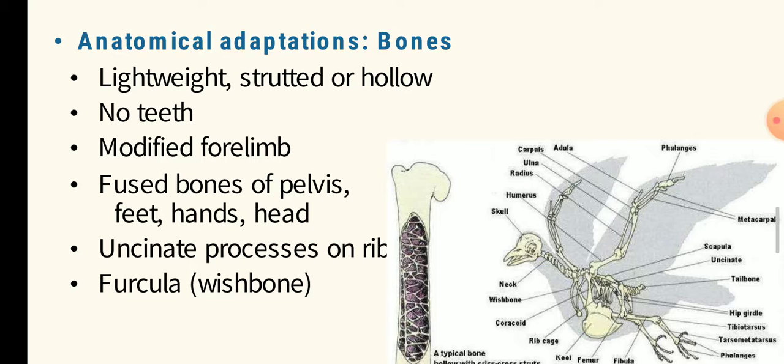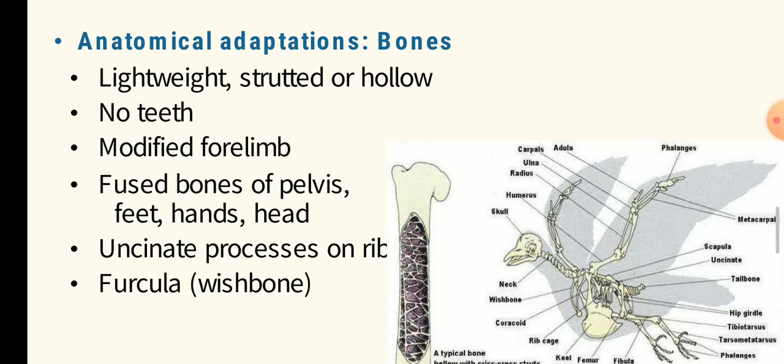Synsacrum is found only in birds, and it supports the weight of the body when the bird is walking. It also counteracts the effect of the shock as the bird alights. The absence of the ventral symphysis of ischia and pubis permits the laying of large eggs.